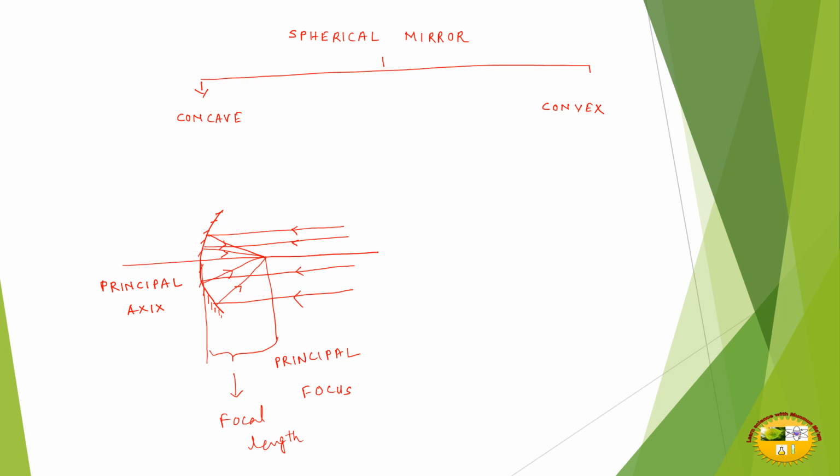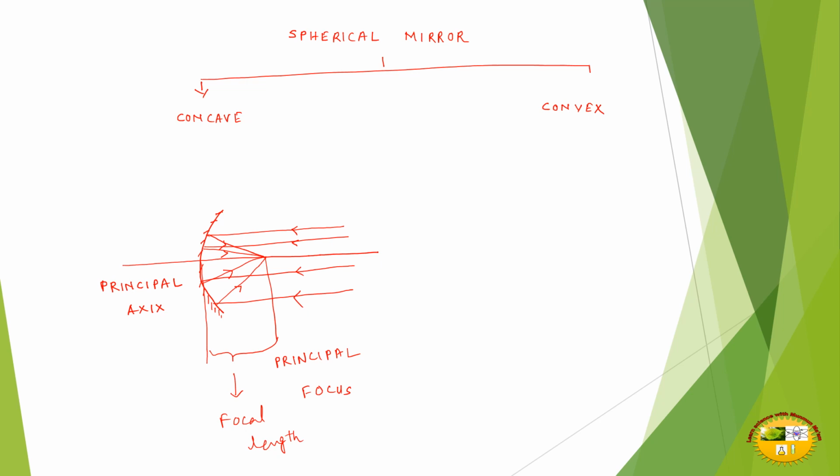I will tell you that image formation by a concave mirror is completely different from the image formation of a plane mirror or convex mirror. In case of a plane mirror, you have read that always virtual images are formed. But this does not happen in case of a concave mirror.